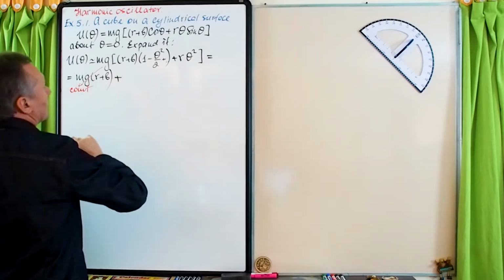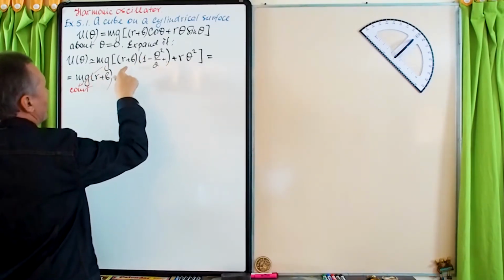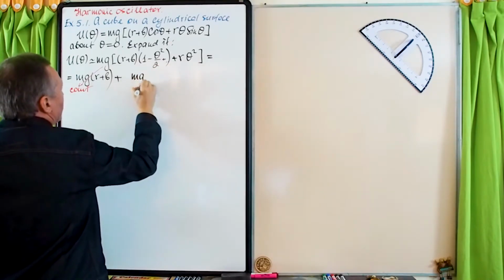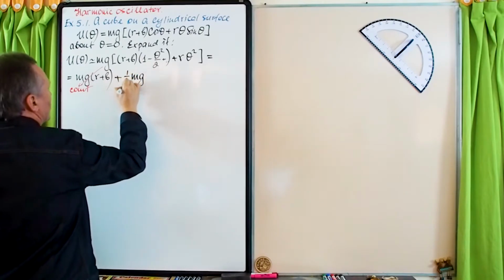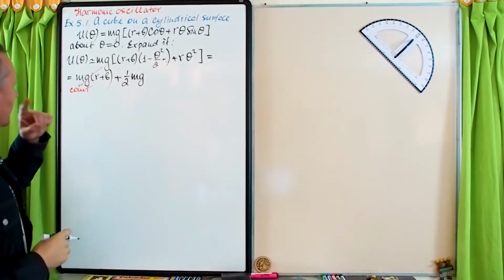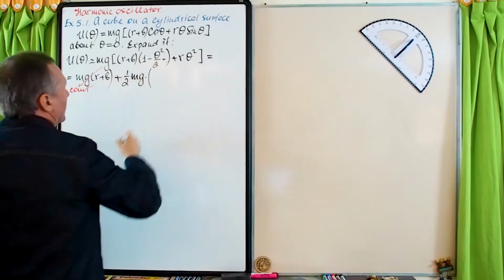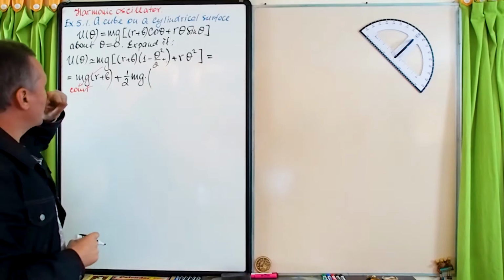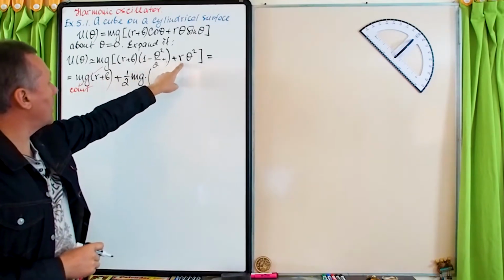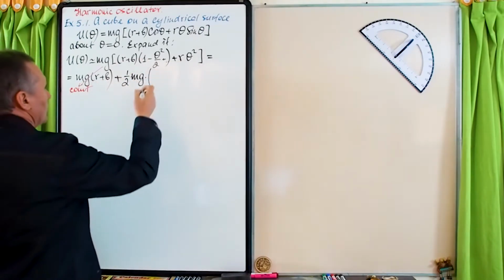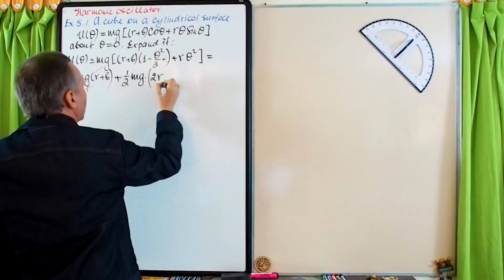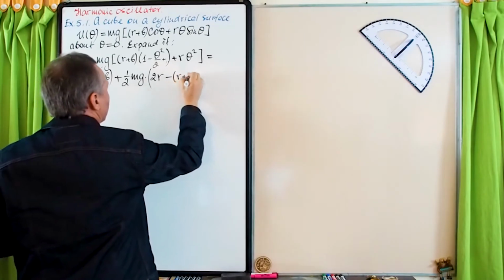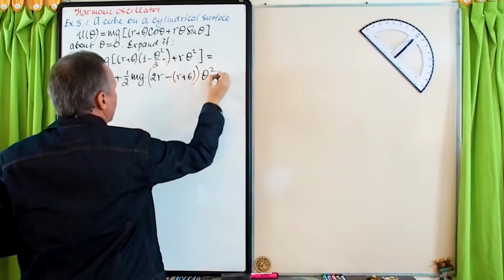Now mg is the same for this term and that term, so I can take mg outside. Then let me take this 1 over 2 outside also, and theta squared will also be outside. I will write theta squared as the last one. So here 2r, because I took 1 over 2 outside, and then minus (r plus b), and theta squared.